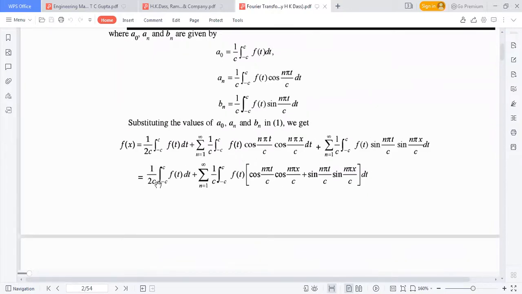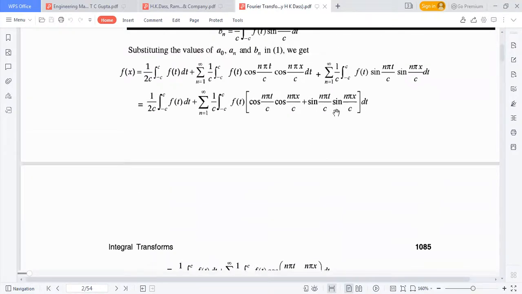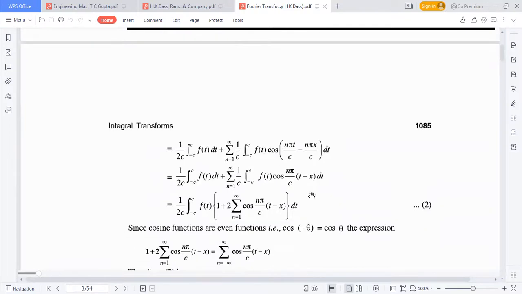Okay, so 1 by 2c, integral from minus c to plus c of f of t dt, and this summation, 1 by c, integral from minus c to plus c, f of t is common here, and cos a cos b plus sin a sin b. You must know the cos a cos b plus sin a sin b formula: cos of a minus b. So after taking common, and pi by c, t minus x, we get t minus x.